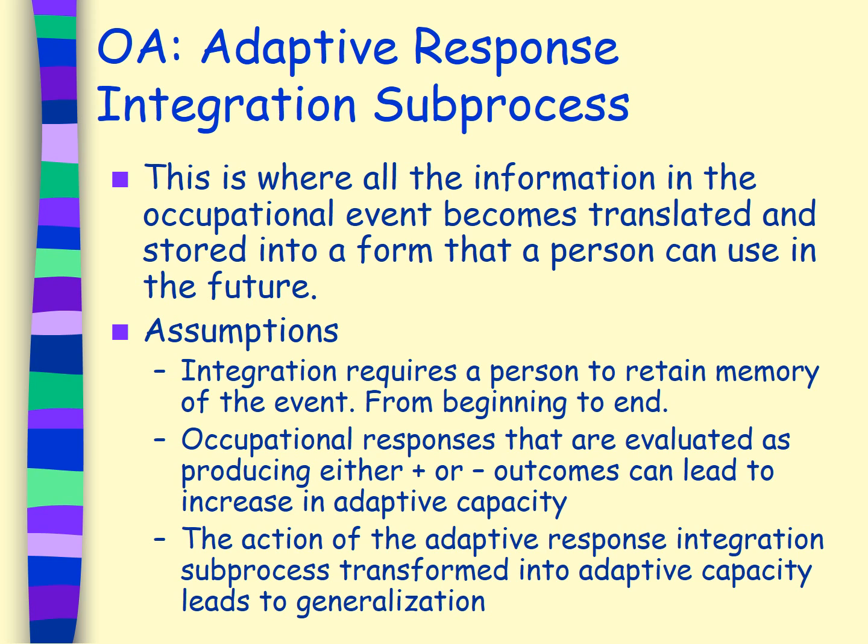The action of the adaptive response integration subprocess transforms into the adaptive capacity, and that leads to overall generalizability. So basically, if I can sum it up, it means that we learn from our actions. If we make a mistake, we learn from our actions.